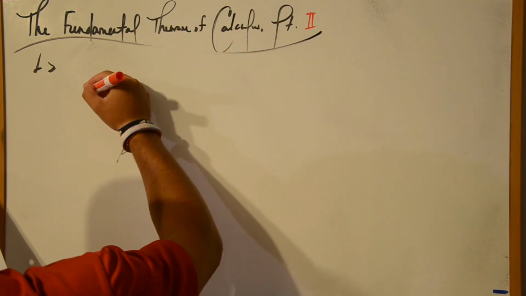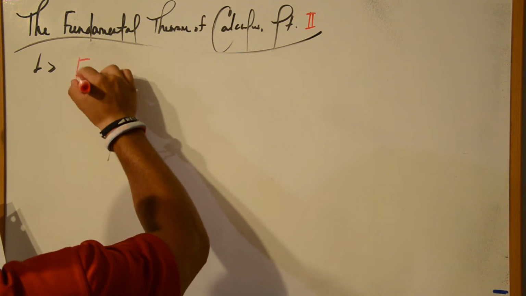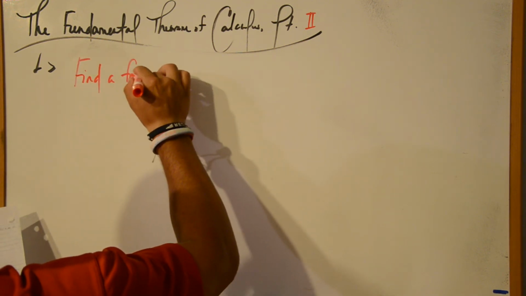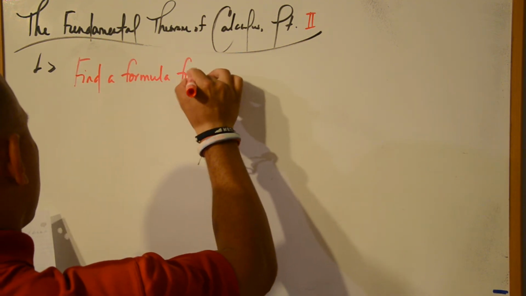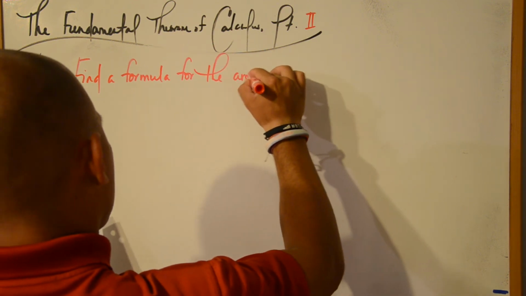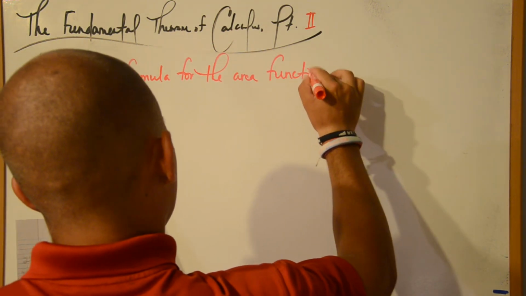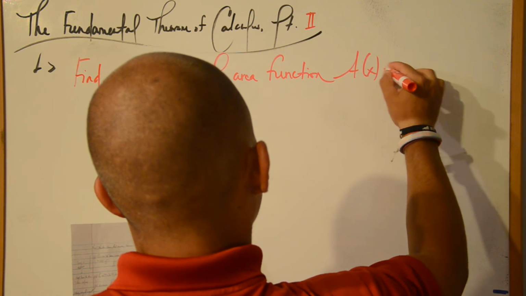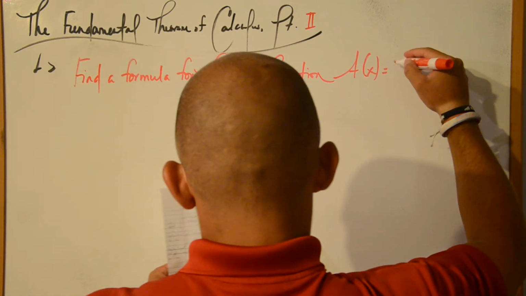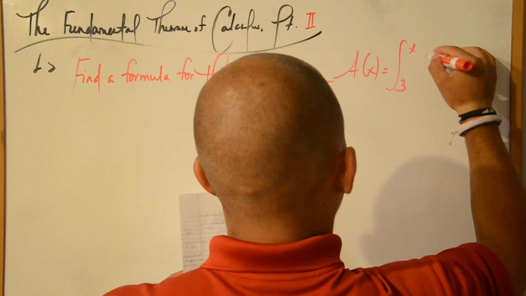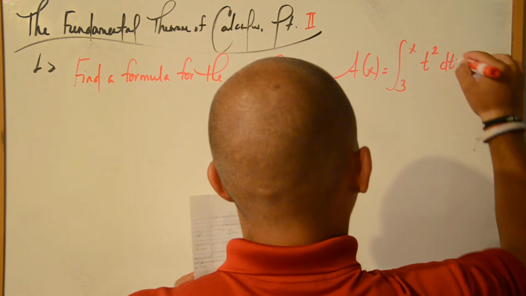So let's say we have: find a formula for the area function A of x equals the integral from 3 to x of t squared dt.